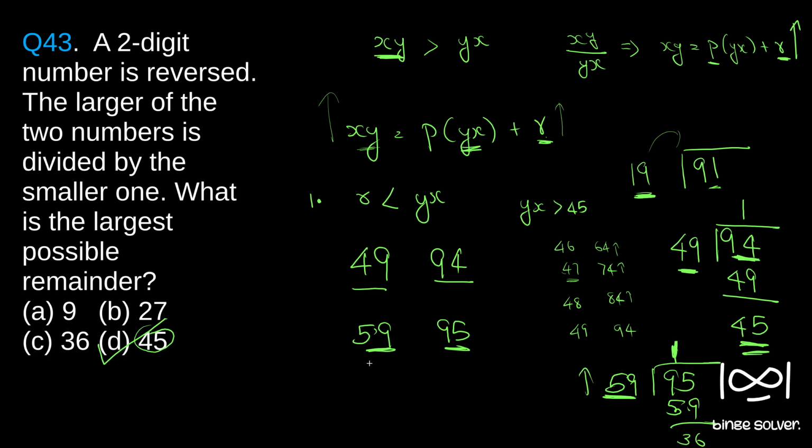For 59 and 96, 69 and so on, this number got very large, so those numbers won't give a remainder greater than 45. So 49 is the largest such number we can find, so that its reversed number is large and we get a very large remainder. So 45. That is the logic I applied here.